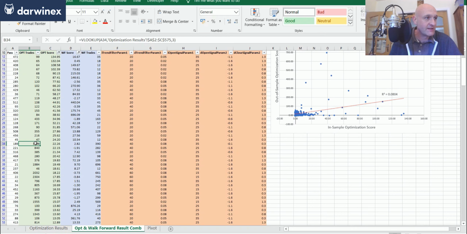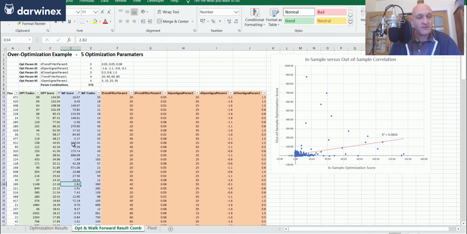So this one here, for example, has produced a score in the walk forward of 2.8. So again, it's nowhere near as good as it was in the more simple optimization that we did with just 3 parameters. So no matter which way we look at the details of this optimization, it falls far, far short of what we achieved in the much more simple optimization using 3 parameters.